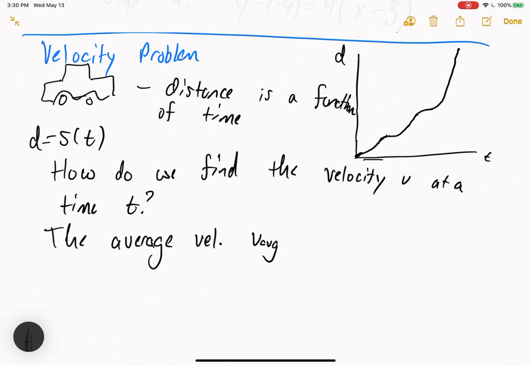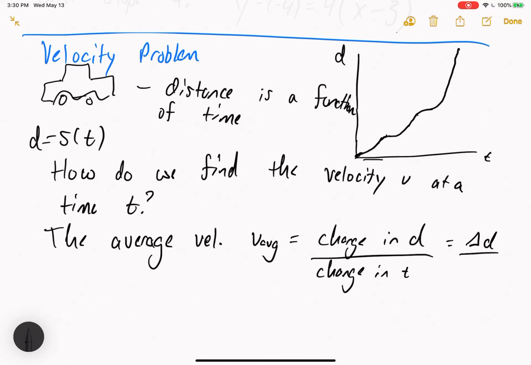It's the average velocity, and that's equal to the change in distance, the change in d, over the change in time, which is also sometimes denoted as delta t.